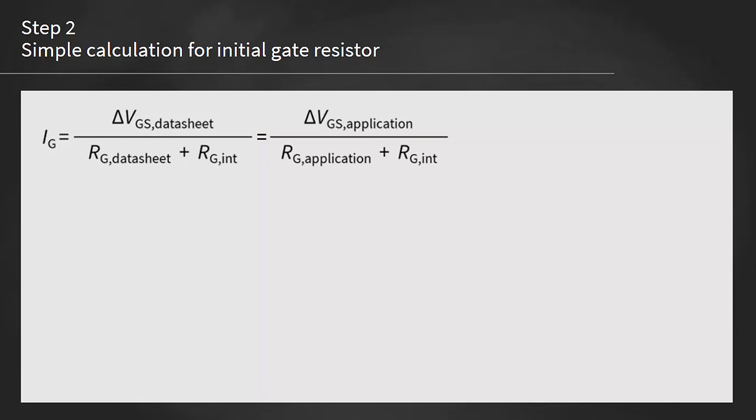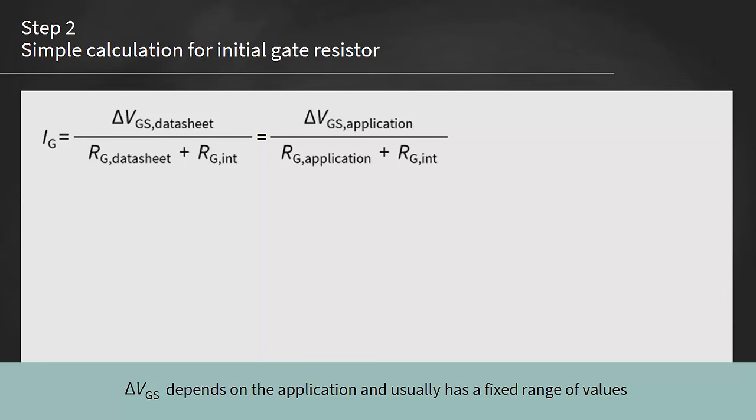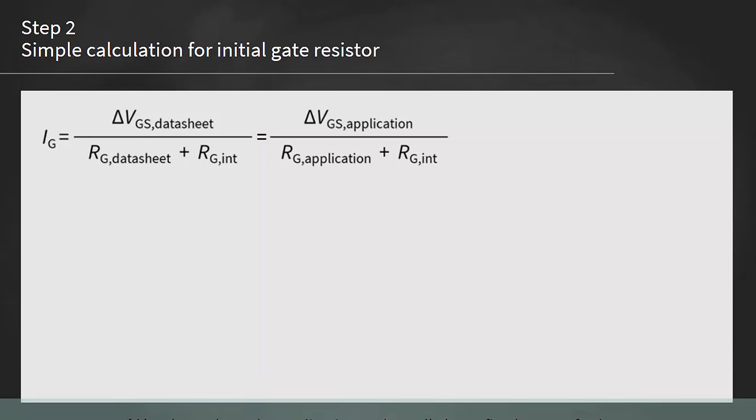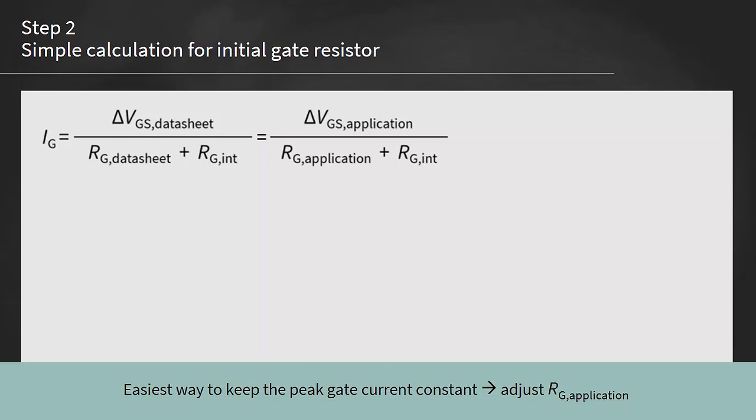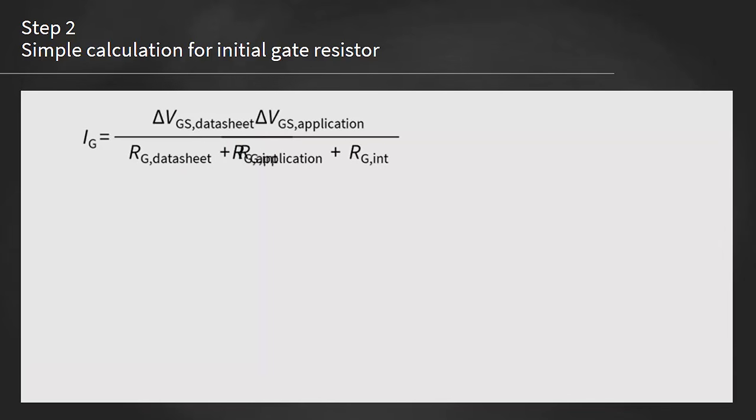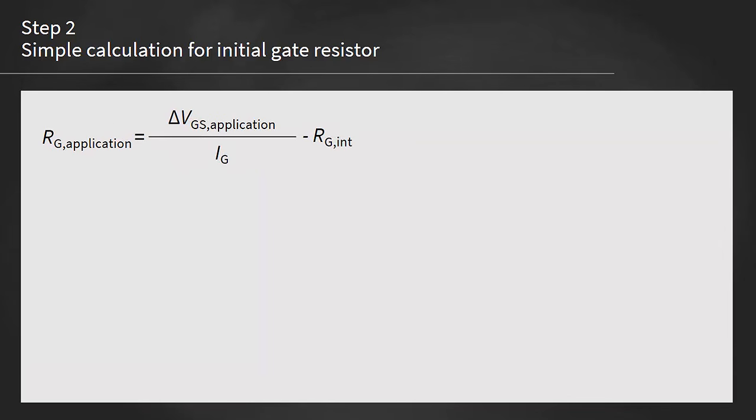The internal gate resistance is constant, as this is device dependent. Delta VGS, in turn, depends on the application, and it usually has a fixed range of values, as it is based on the selected power supply voltages. The easiest way to keep the peak gate current constant is by adjusting the external application gate resistor, RG application. Then the formula can be rearranged as shown.